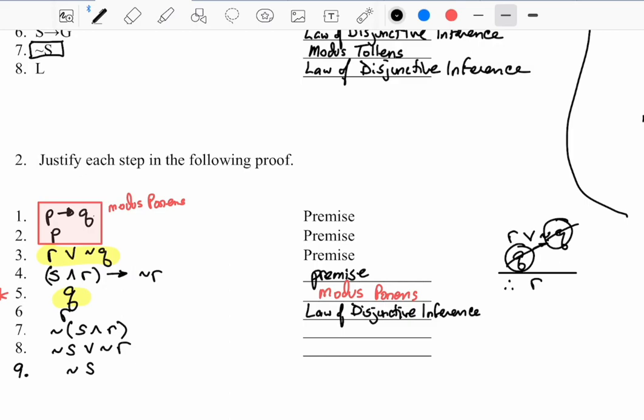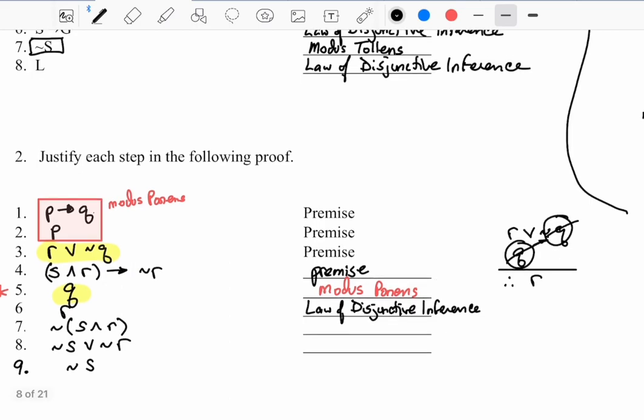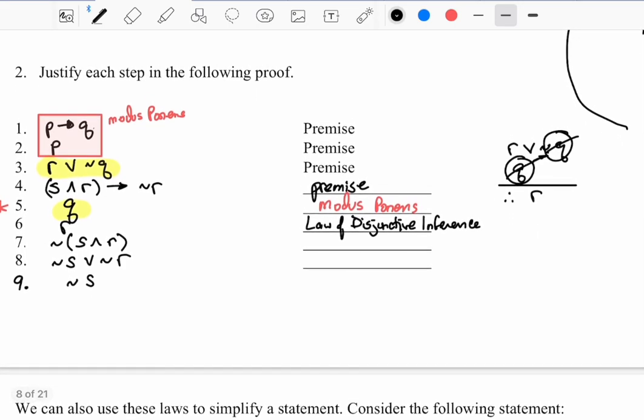Now, the next part, I'm seeing a not S or R. The only other thing I see here that has an S or an R in it would be this statement right here.